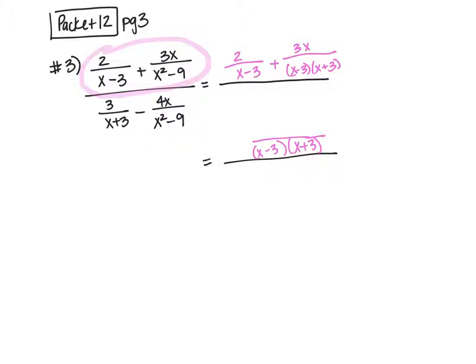Now I have to see if the fraction was missing anything from the common denominator. Notice that this denominator doesn't have an x plus 3. So I need to multiply the top by x plus 3. I'll distribute that in. So I have 2x plus 6 plus, this plus sign here, 3x.